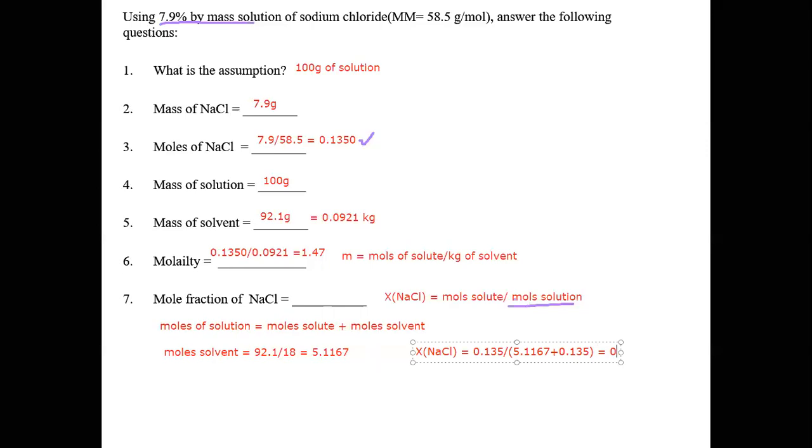And we get a mole fraction of 0.0257. So that is the mole fraction of solute. Just double check the work.